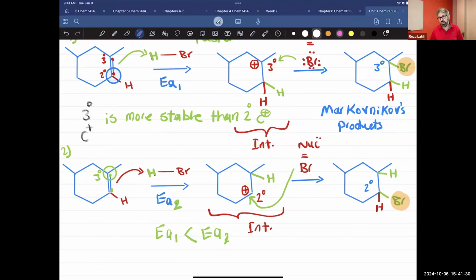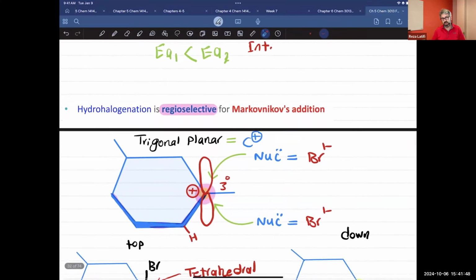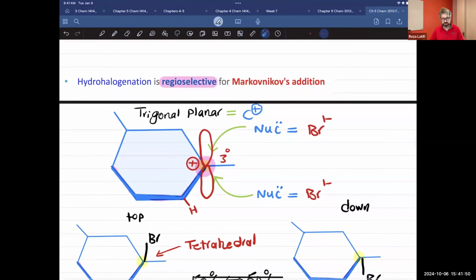If the reaction is favoring one region, we say the reaction is regioselective. That's the meaning of regioselectivity.